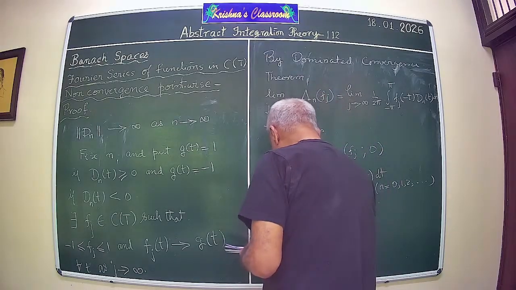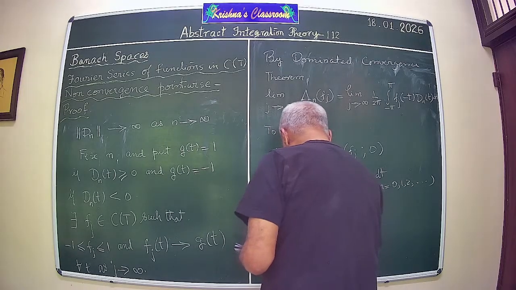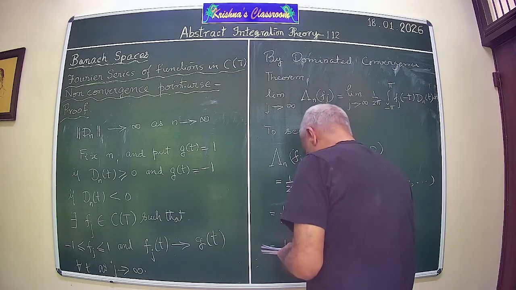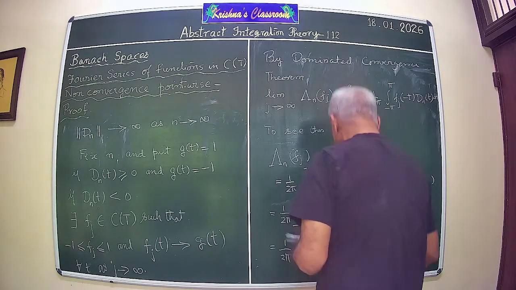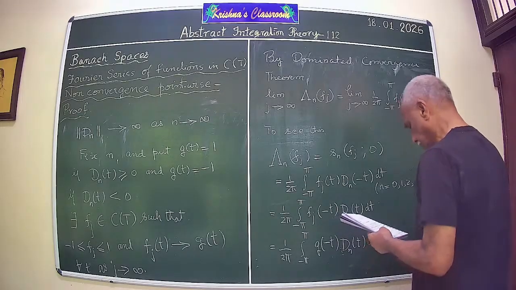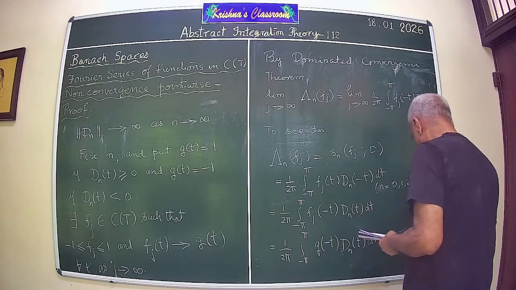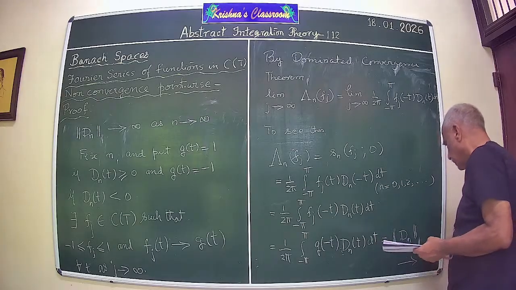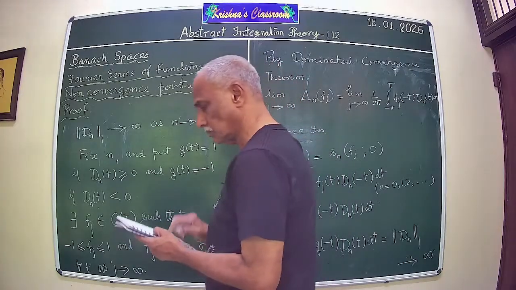And this is equal to 1 by 2 pi integral from -pi to pi of g(-t), and that's equal to ..., and this essentially we have already seen goes to infinity. Okay.